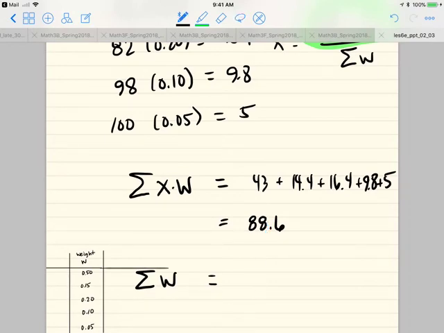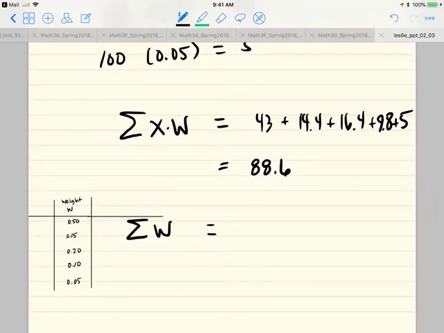Okay. So the sum of my weights, I just need to add up 0.5 plus 0.15 plus 0.2 plus 0.1 plus 0.05, and I should get 1.00. Because remember, everything adds up to 100%, and 100% is 1.